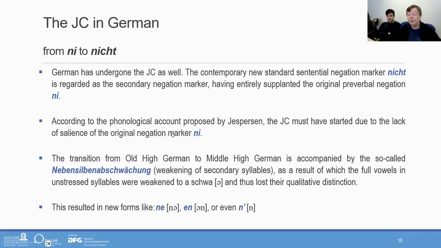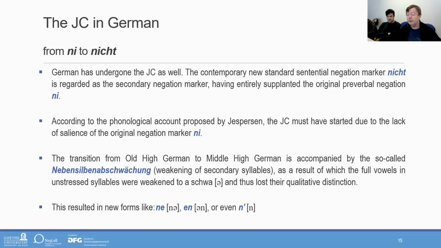According to the phonological account proposed by Jespersen, the cycle started due to the lack of salience of the original negation marker ni, because the transition from Old High German to Middle High German is accompanied by a phonological weakening process, the so-called Nebensilbenabschwächung, weakening of secondary syllables.